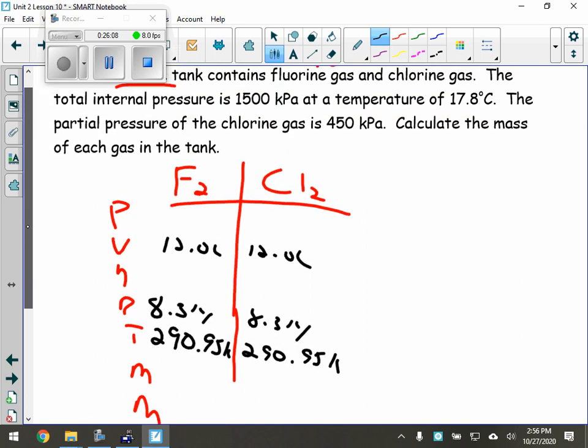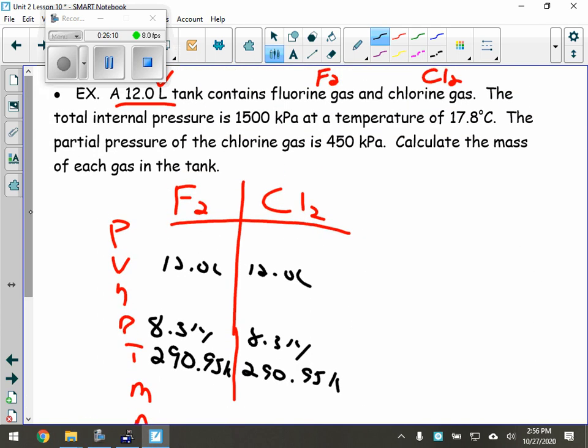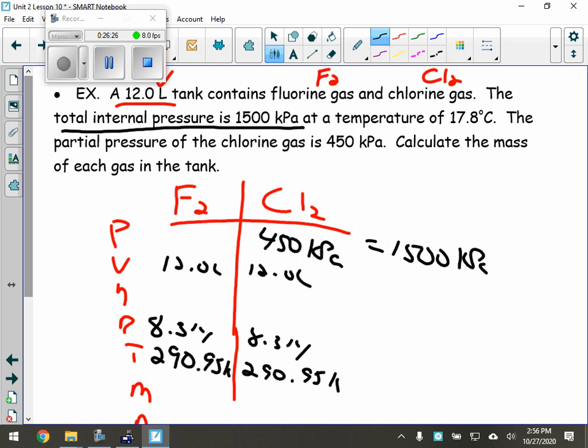Do I know the mass? No. Now, it does say the total pressure, internal pressure, is 1,500. So if I added these two together, it's 1,500. The partial pressure of the chlorine gas is 450.